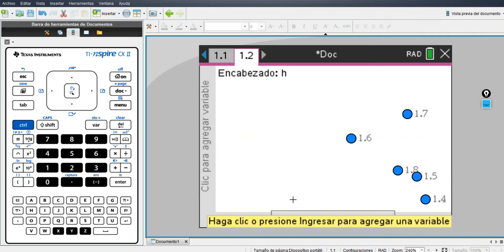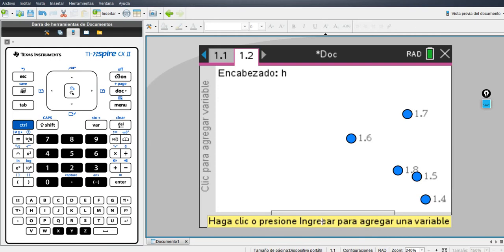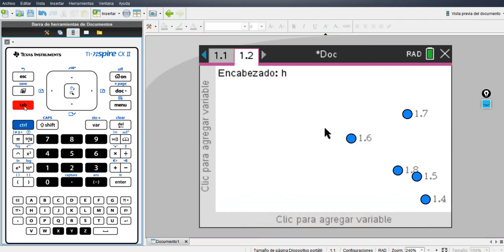If you notice here, in here we have click para agregar variable and the same on the vertical axis. So remember, what variable are we going to use for the horizontal axis? We're going to use the height. And how do I get this to be the height? What you do is this. You go to the tab key, I'm sorry. Click on it.